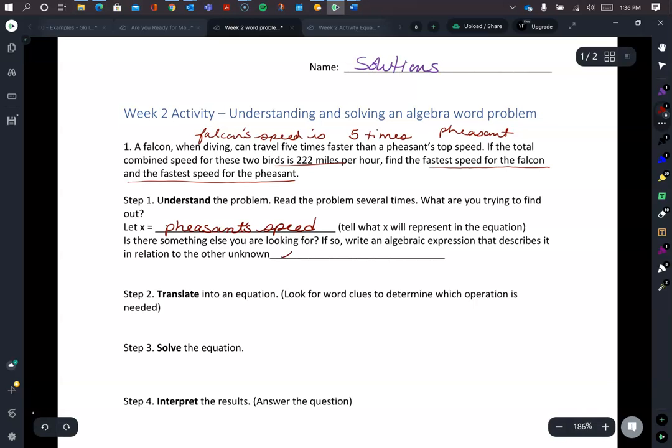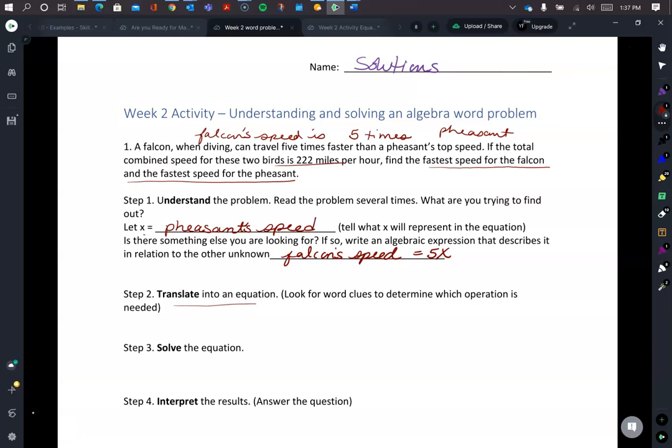So the falcon speed equals 5 times the pheasant, and the pheasant we're calling X. So we would say equals 5X. So just put it in terms of the pheasant speed, so it's in relationship to the pheasant.